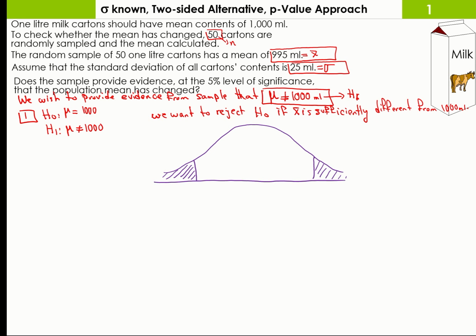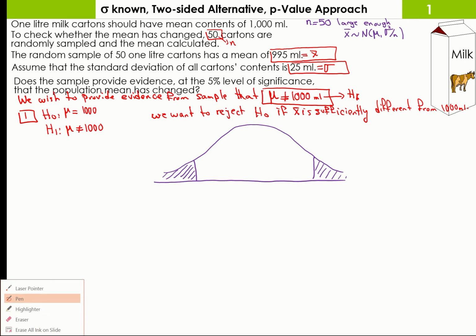Here in this example, since the sample size is 50 and it is large enough, we can say that actually x bar is normally distributed by mu and sigma square over n by central limit theorem.